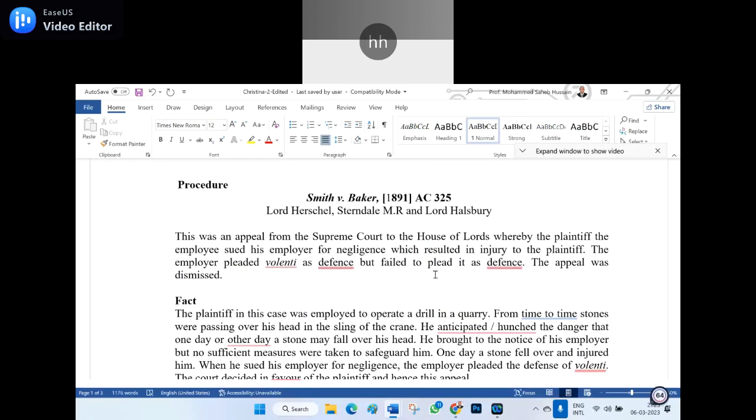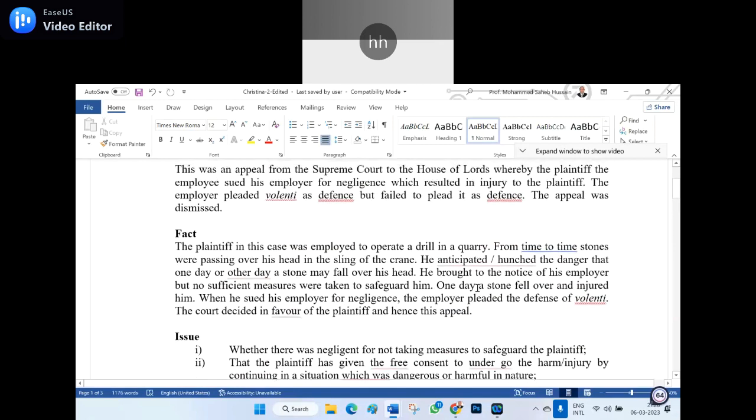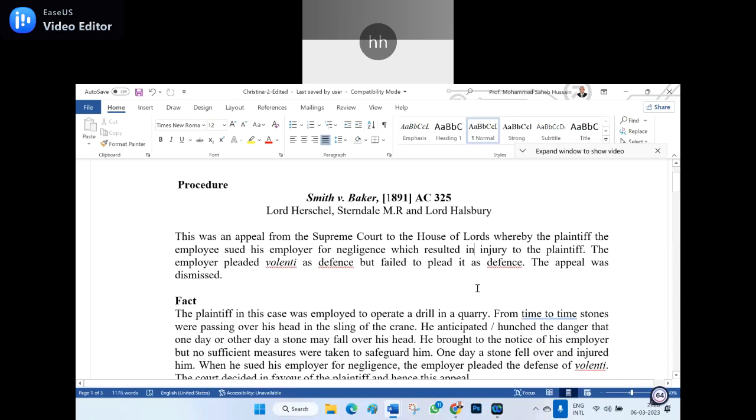The defendant has taken the plea of volenti non fit injuria, but failed to plead the defense, and hence the appeal was dismissed. It is the pre-trial version. When the appeal was dismissed he approached this court. See here, I told you in the facts, in favor of the plaintiff, hence this appeal into this court. What court? It is the House of Lords court.